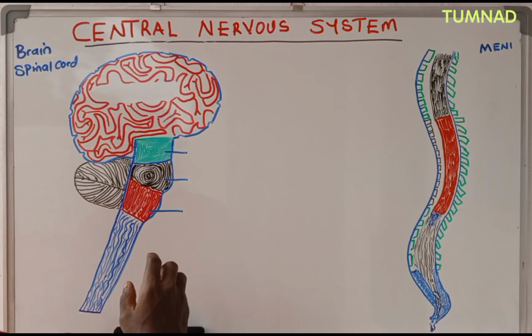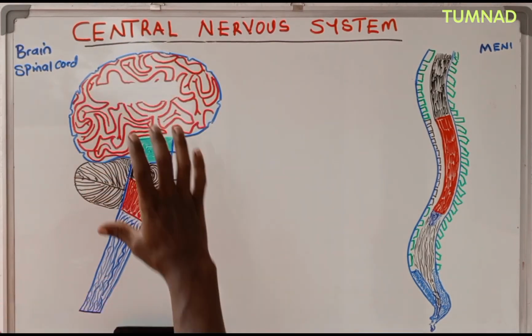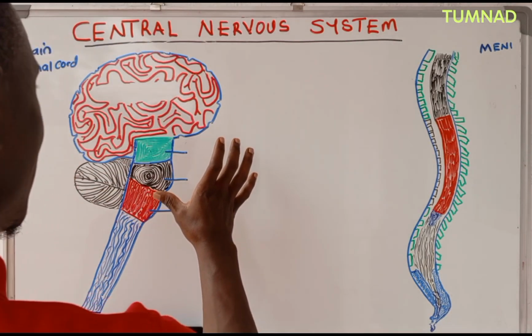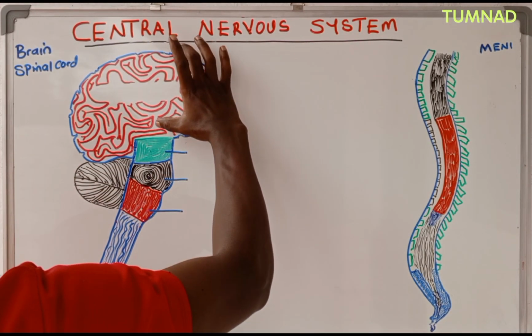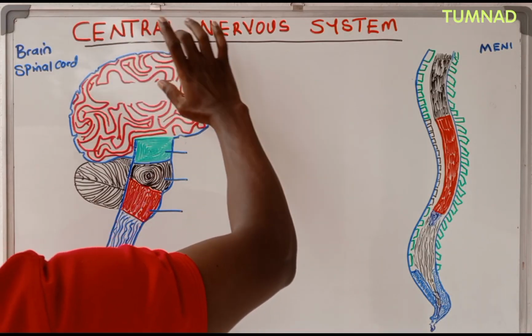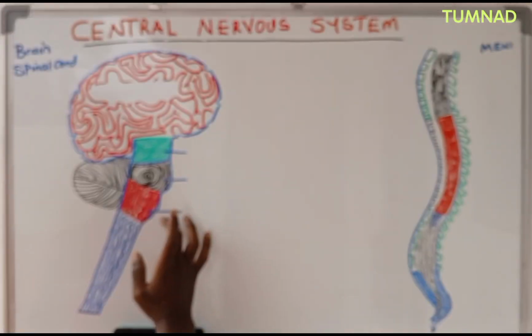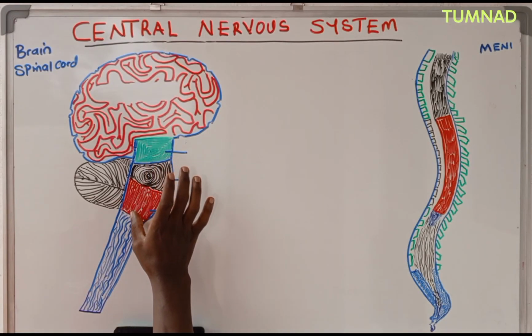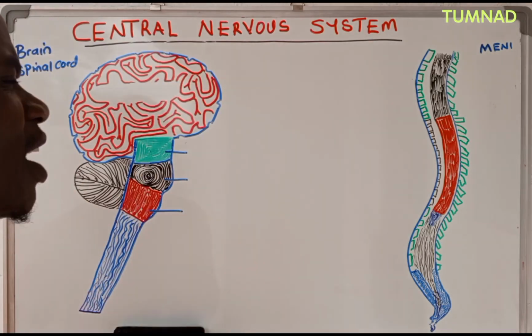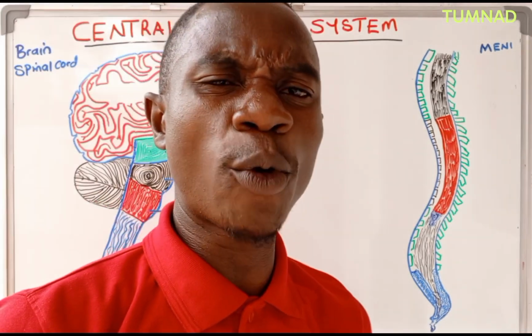Looking at this diagrammatic illustration, the whole of this upper area, coming up to this end here, the whole of that area from here going up is what we call the brain.